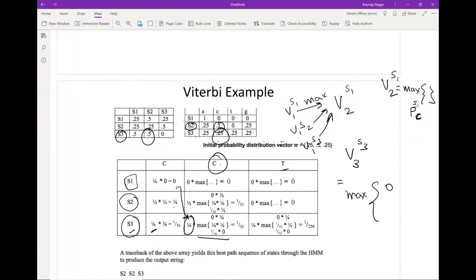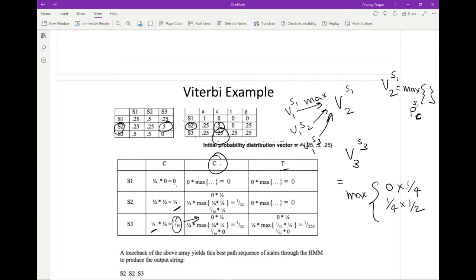The first term is 0 multiplied by something. S1 to S3 jump is 0.25 or 1 over 4. And the second is S2 to S3 jump, which is 0.5, so 1 over 4 into 1 over 2. Why 1 over 4? This value. The third one is this jump.